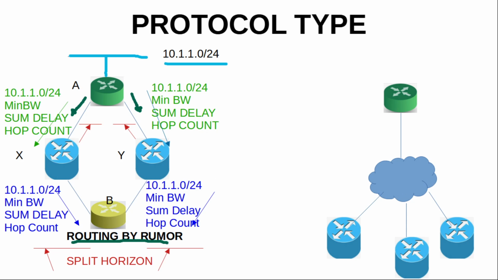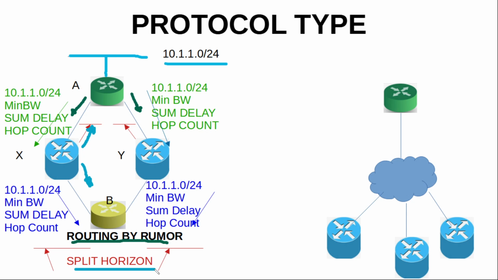Now, when receiving this update, blue router X will update all of its neighbors. For instance, it will send an update to yellow router V, and it will try to send an update back to green router A. So in this case, a rule kicks in that is known as split horizon.